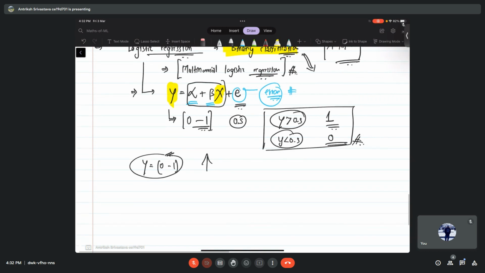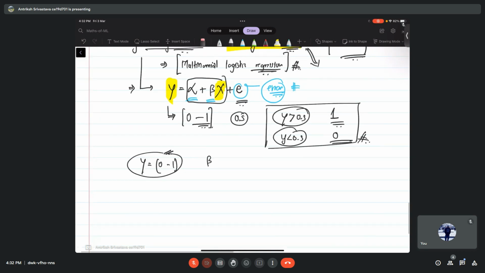If we try to force our model, then it is going to decrease the value of beta to a much lower value, so that it should never cross the upper limit of 1, which is not good for our model, because in that case we'll end up always predicting 0, right? So to avoid this problem, a sigmoidal function is used. So what is a sigmoidal function?